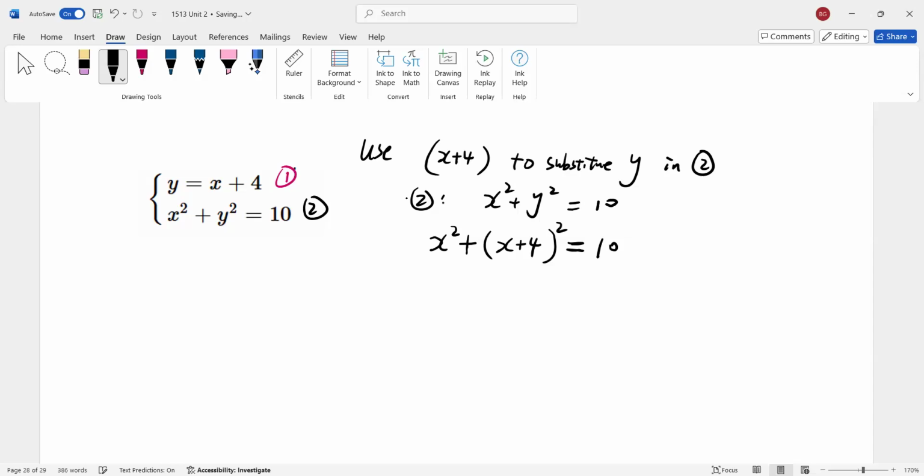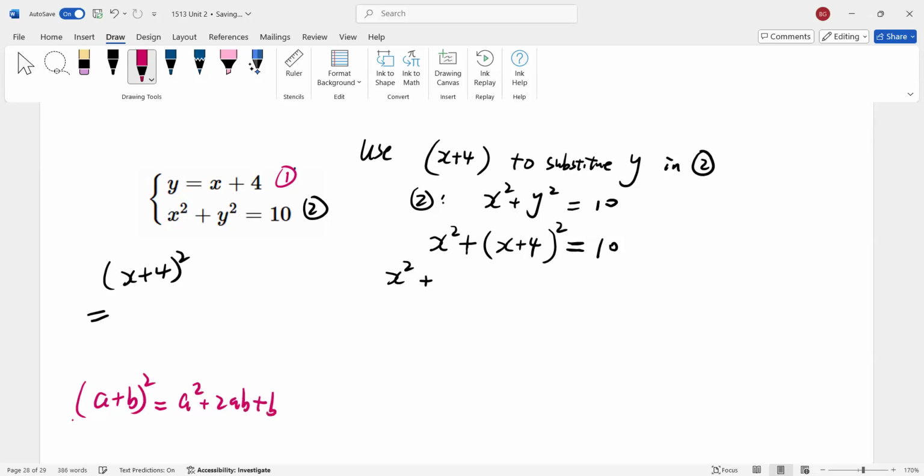All right, so x plus 4 squared. I'm going to use a formula to expand this expression. The formula is: the square of a plus b is a squared plus 2ab plus b squared. If you are not comfortable using this formula, you are welcome to use FOIL.